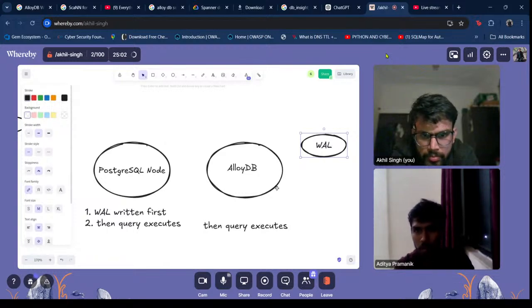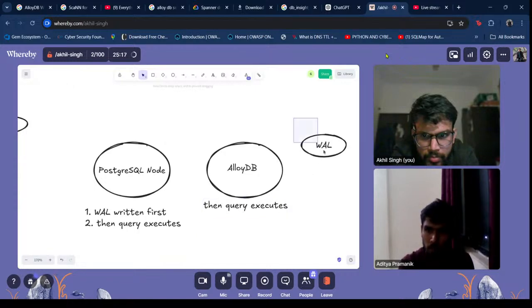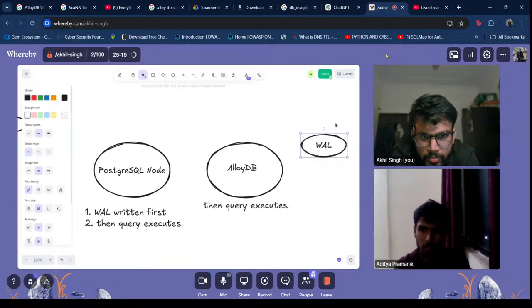Whatever query I'm firing, it will first be pointed here, and WAL logs will be generated, and after that it will say to AlloyDB to execute these update queries. So they have taken out this part and scaled it infinitely.